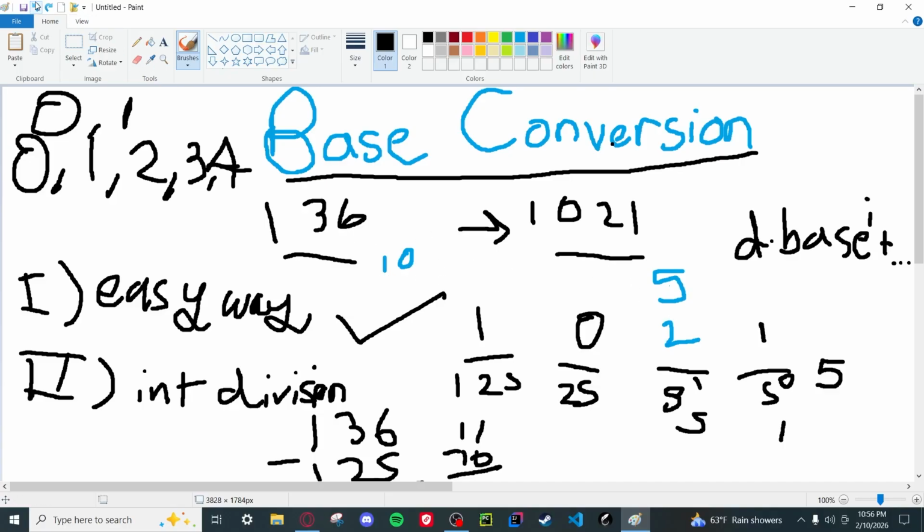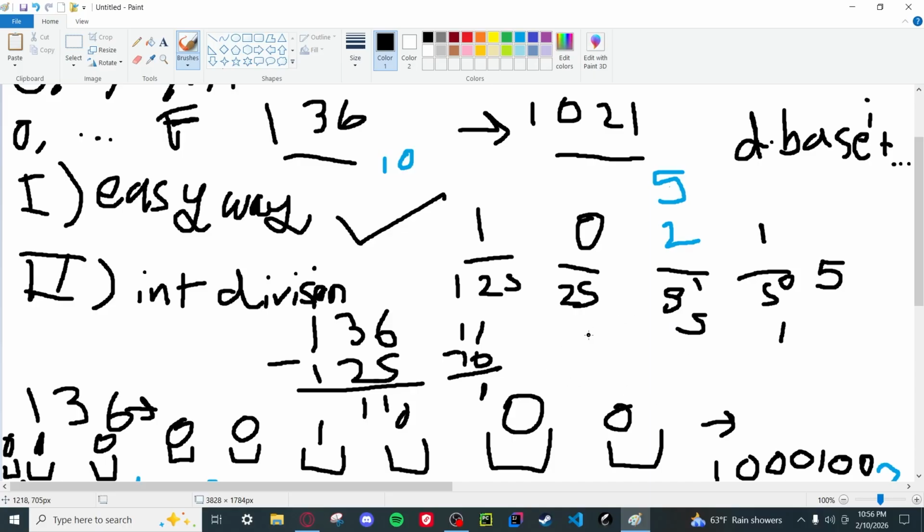Now, I didn't touch much on hexadecimal, but we talked about it, up the way to F. Same principle.